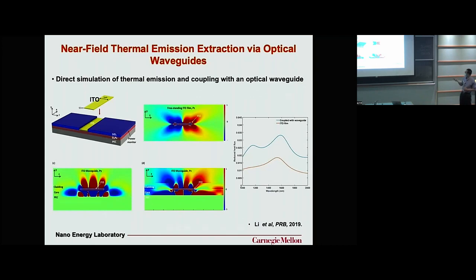In the other case, we couple it with a planar waveguide. You can see that without the waveguide coupling, we get this red curve. But once we couple with the waveguide, we can achieve more than 100% enhancement. This is because some near-field signals can be extracted and become a propagating wave inside this waveguide.